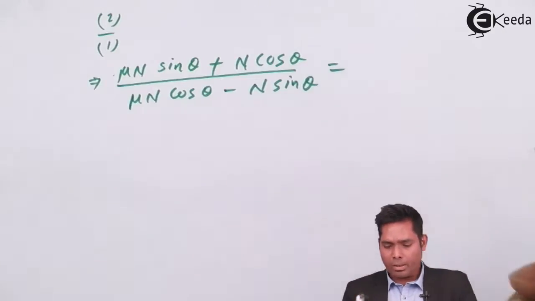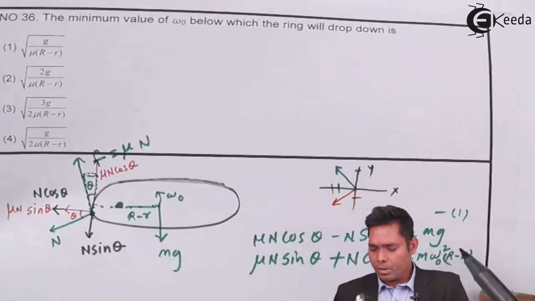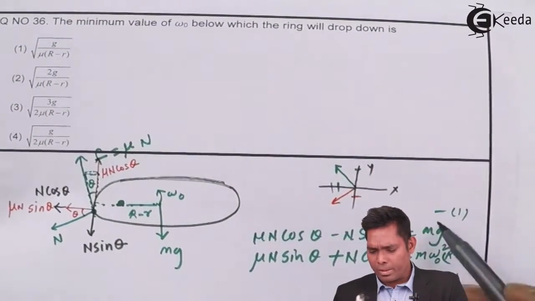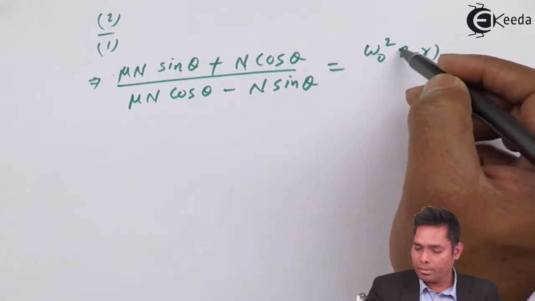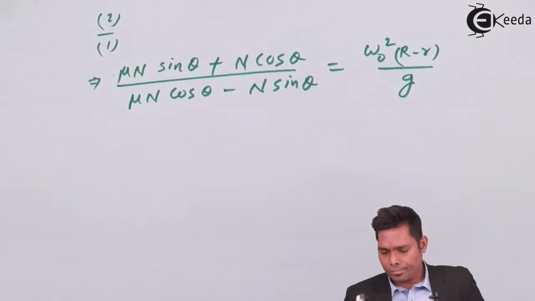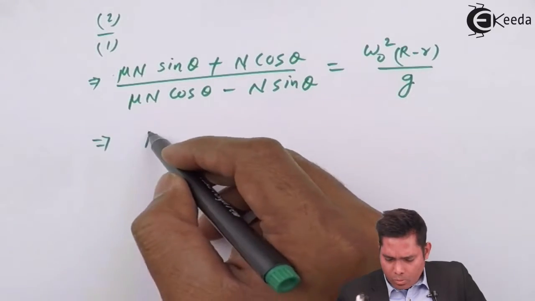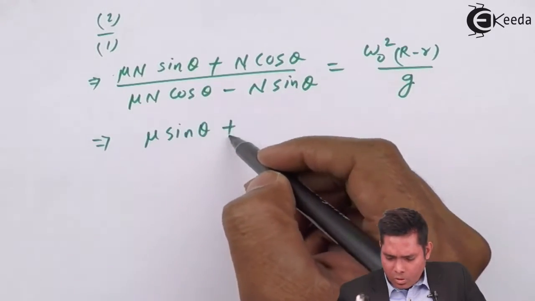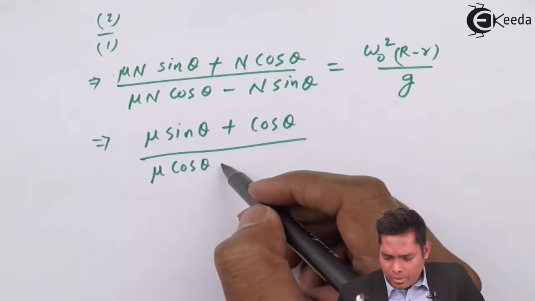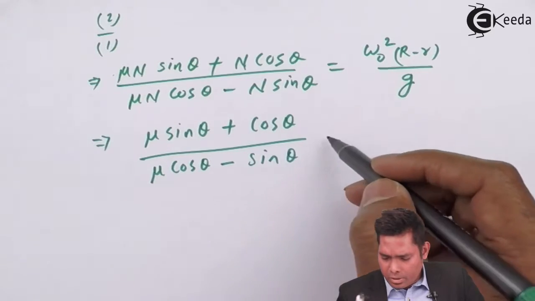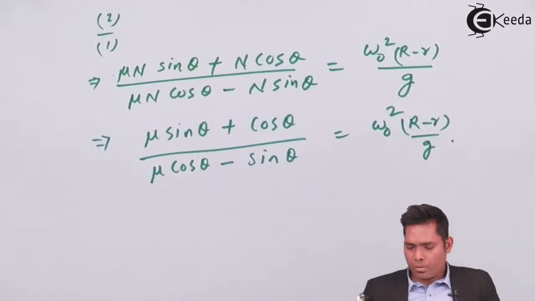On the right side I'm just copying it: this divided by this factor will come first, this factor second, and m will cancel out, and it is omega naught square (R minus r) divided by g. Now n will cancel out and this becomes mu sin theta plus cos theta divided by mu cos theta minus sin theta, which equals omega naught square (R minus r) divided by g.